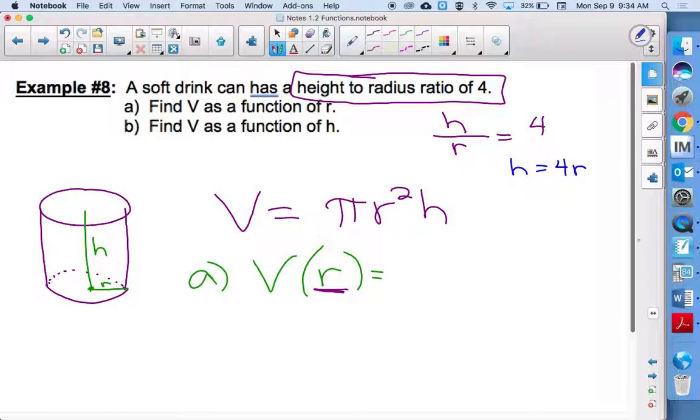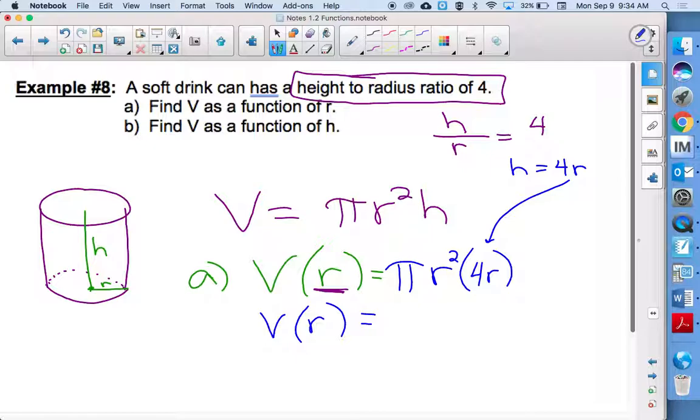So in this equation, pi R squared H, well, I can solve that little ratio and write it in terms of H. So H is equal to 4R. I missed my little square there.